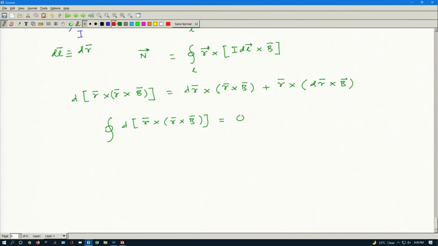So, let me comment here: the loop integral, or the closed line integral, of a perfect differential is 0.